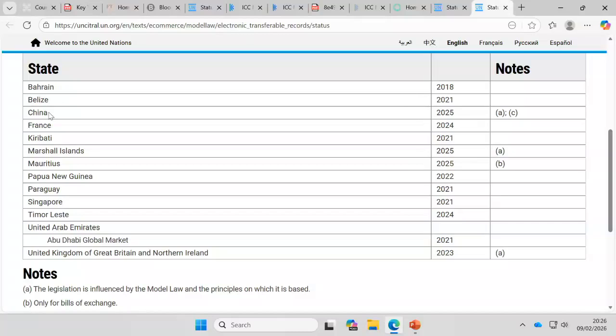But what is interesting to see is that over the past decade or so, China has in many cases accelerated its process of adoption and implementation of these sorts of international instruments to support commerce.